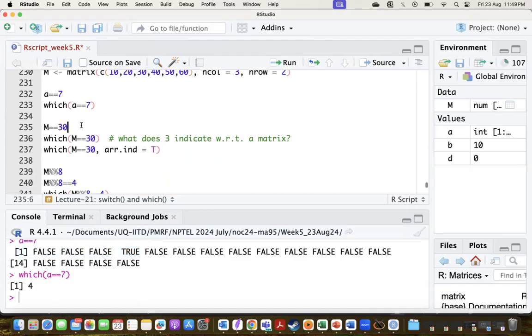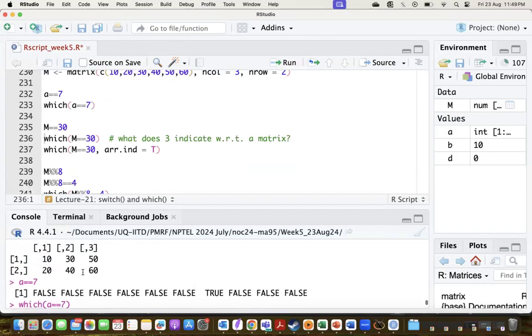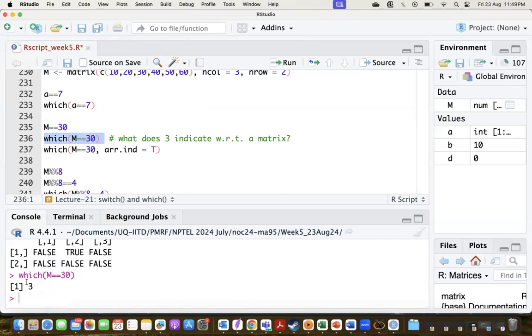And when we write matrix, sorry, M is equal to 30. So wherever there was 30, it's going to give us true there, right? Here it was this position, right? The first row, second column. So we just saw initially in today's class that when I write this, it shows me 3.